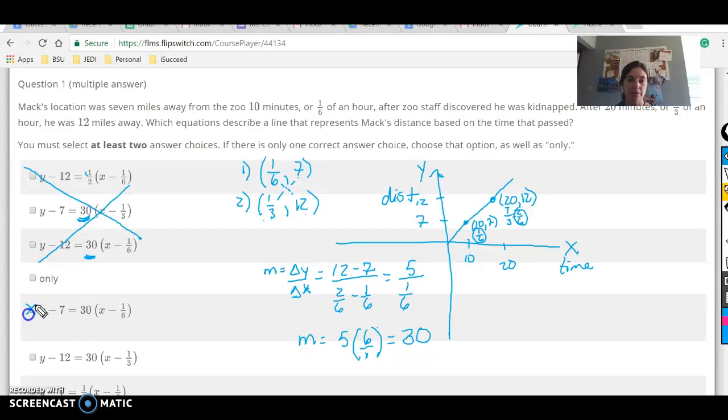This one would work because it matches here, okay? Y minus 12 and x minus 1/3. This one matches here. So that will work. This has the wrong slope. Okay, so these two equations will work. That was kind of a long one. But those are the two that will work for this.